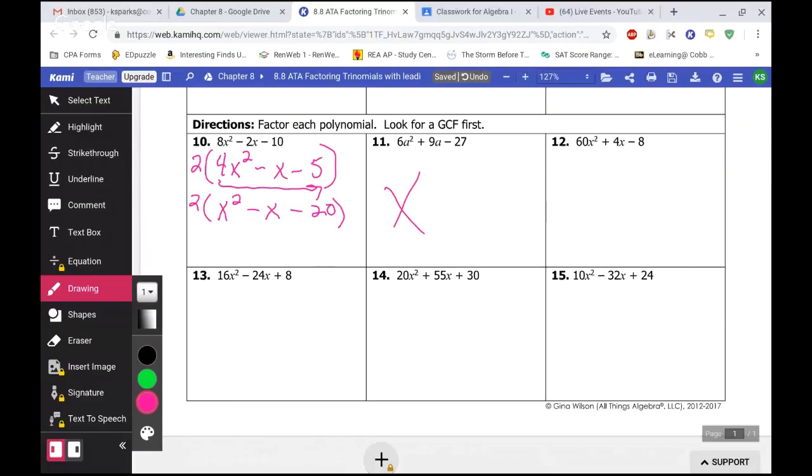So what two factors give you a negative 20 when you combine them, give you a negative 1? That's going to be x minus 5 and x plus 4.